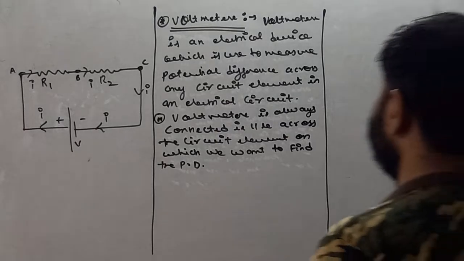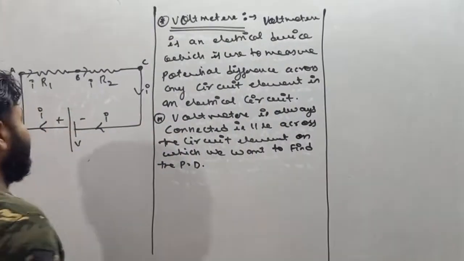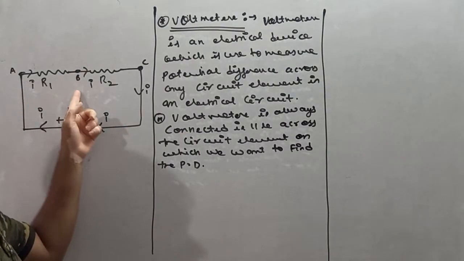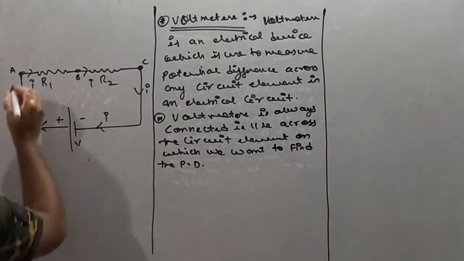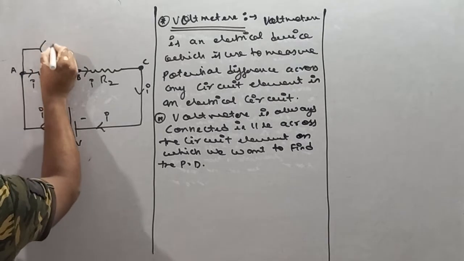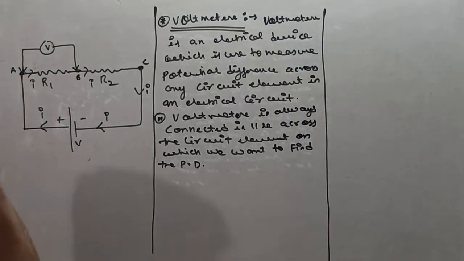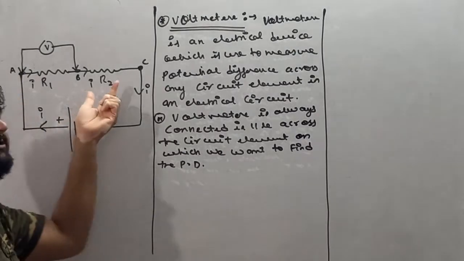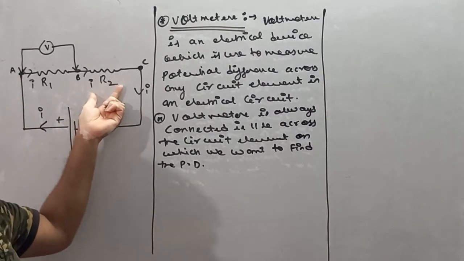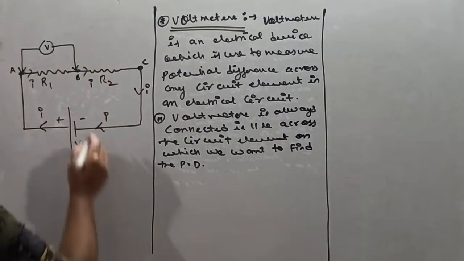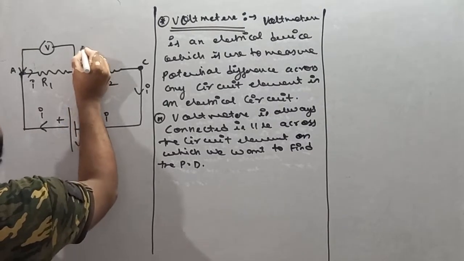Now we want to find the potential difference across, let's suppose, R1. So we'll connect a voltmeter across R1 in parallel combination, my dear student. Similarly, if you want to find the potential difference across R2, then you have to connect the voltmeter across R2.